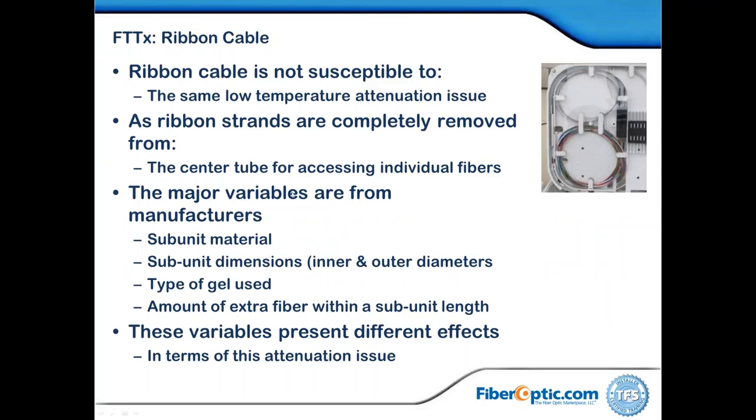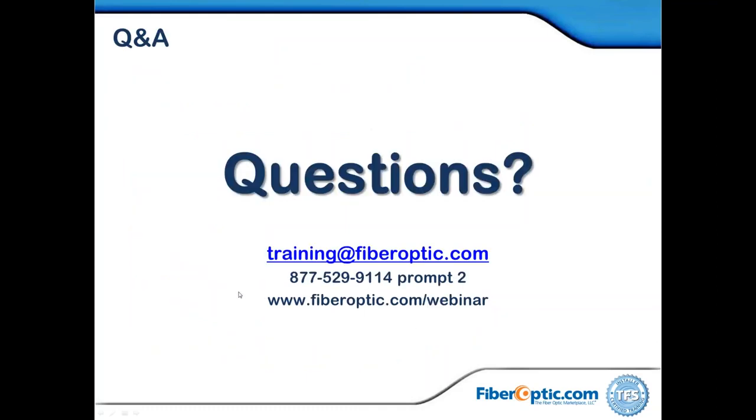Now ribbon cable typically, and notice that's what you see in a lot of the pre-connectorized now, is the ribbon cable. And it's not as big a problem as conventional loose tube gel fill, because the ribbon cables by definition are totally removed from the tubes anyway. So they're available, so they present different effects.